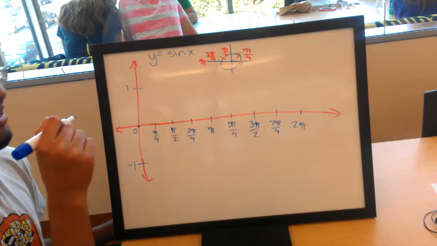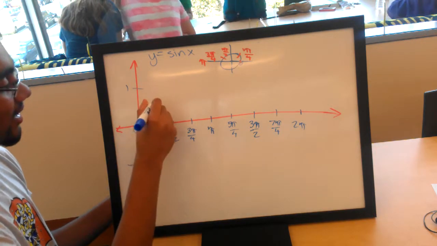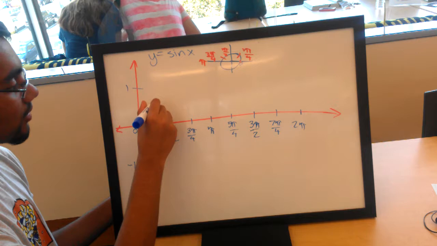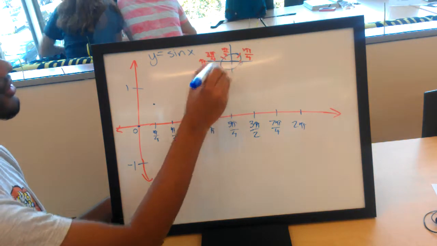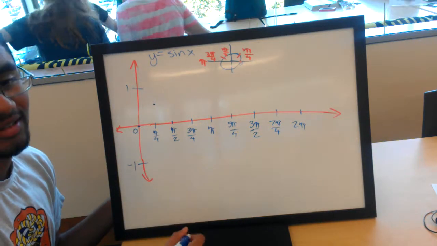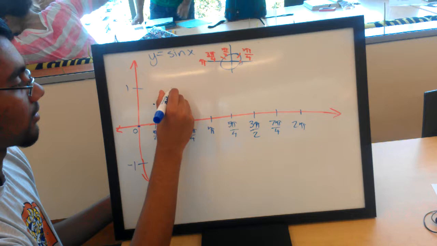It's not 0, it's not 1, somewhere in between. It's root 2 over 2, but anyway, I'll just plot a point over here. And how about at pi over 2? The y value is 1, so right here.